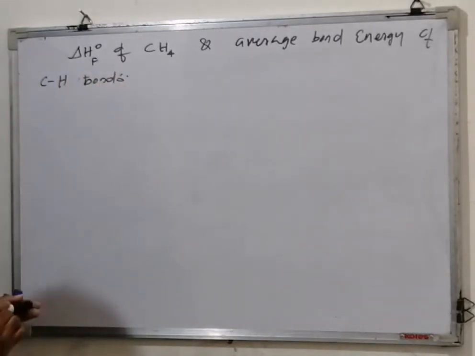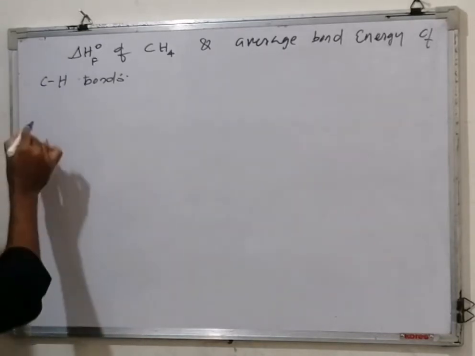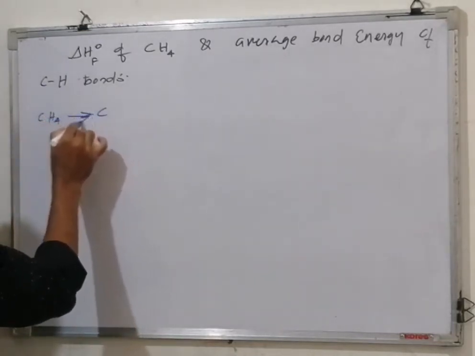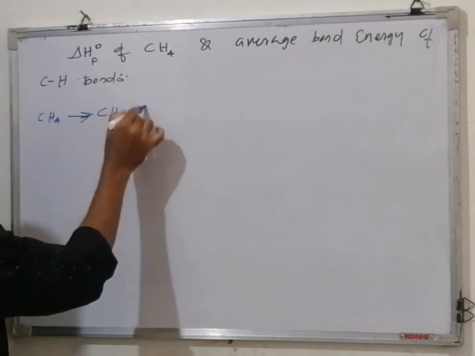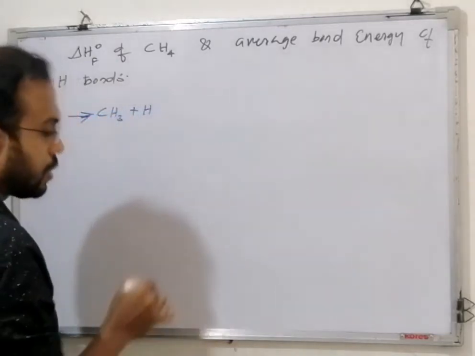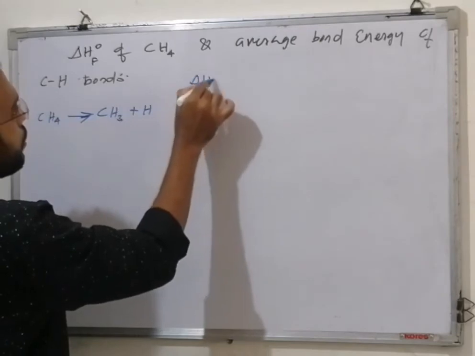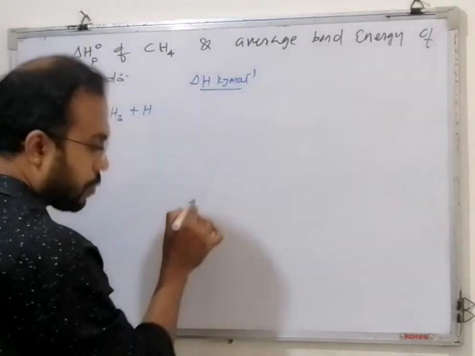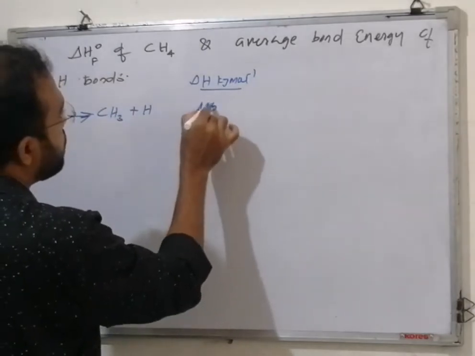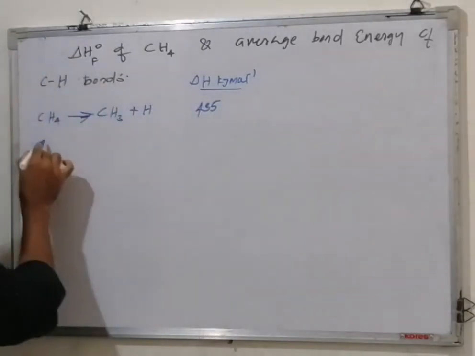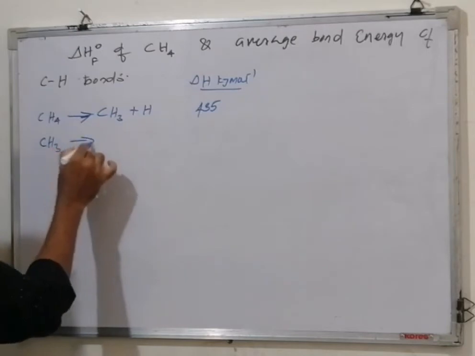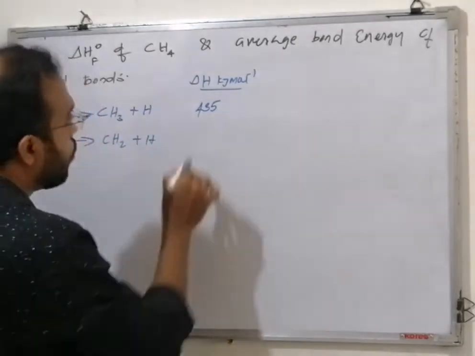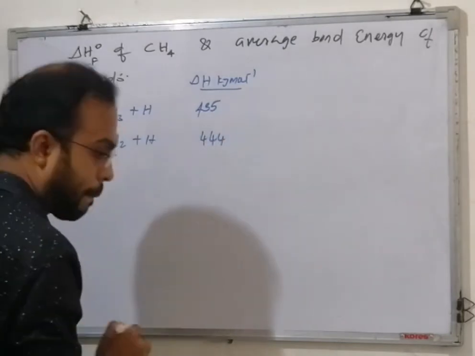Look at the data given. CH4 gives CH3 plus H, delta H value in kilojoules per mole: 435. CH3 gives CH2 plus H: 444.